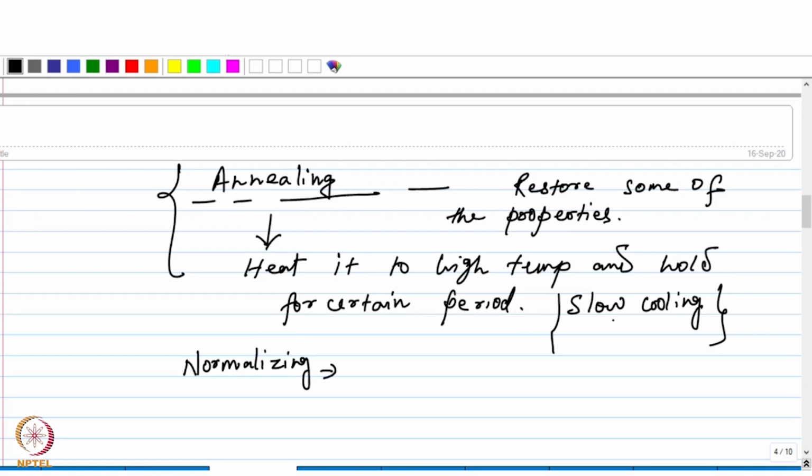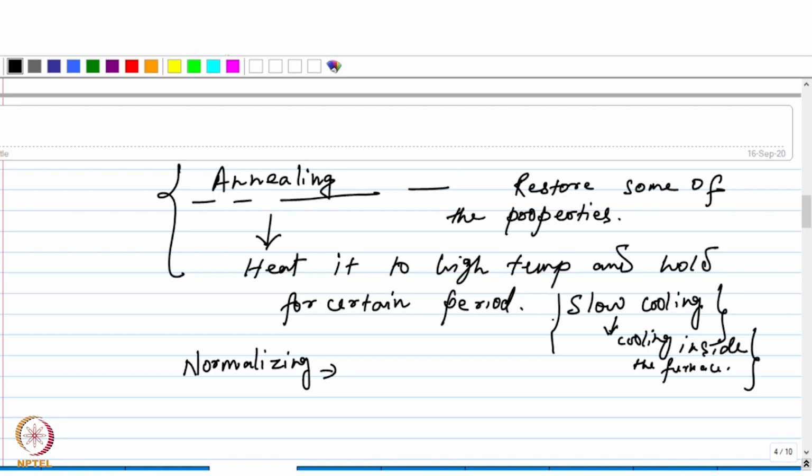So in order to ensure slow cooling for the annealing process, after the hold period, you start cooling in the furnace itself. This will ensure that it cools down slowly.